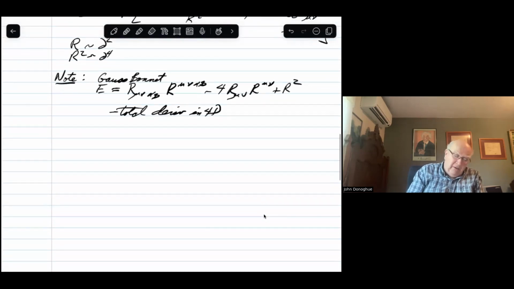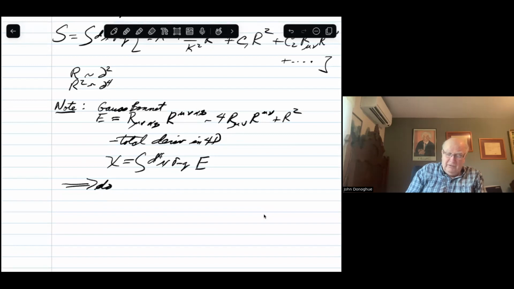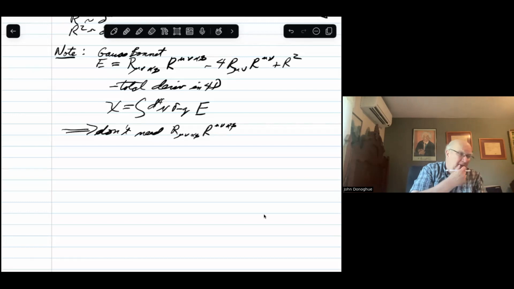So the Euler characteristic is the integral d4x square root of minus g times this guy. And so we then don't need an extra term. You could have had 3 terms here in the curvature squared, or equivalently, you could put it in, or you could put the Weyl tensor in. That's fine.